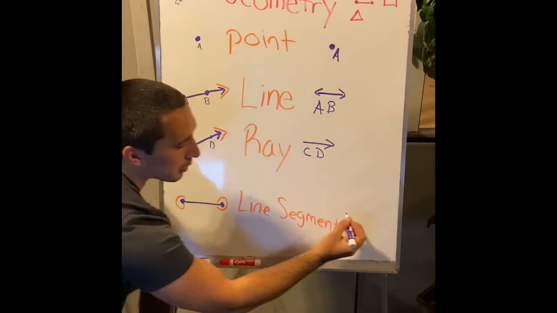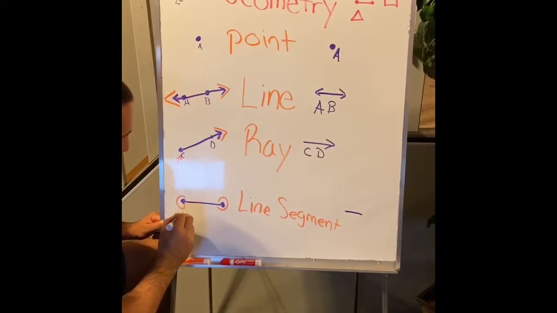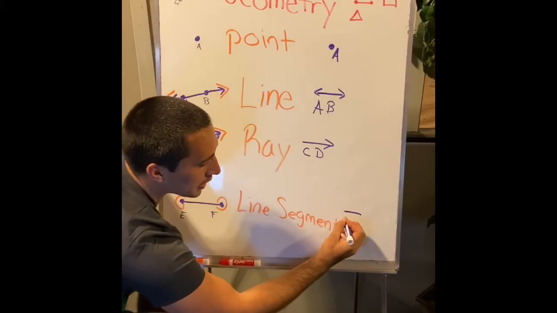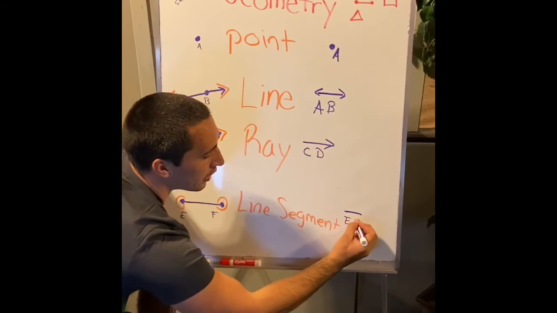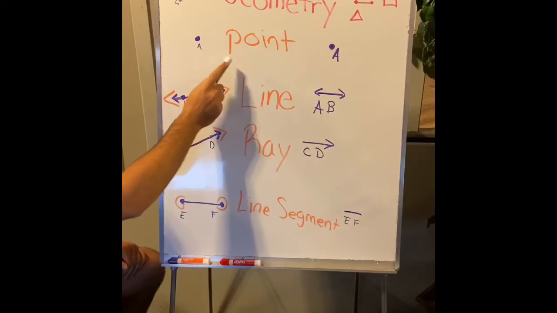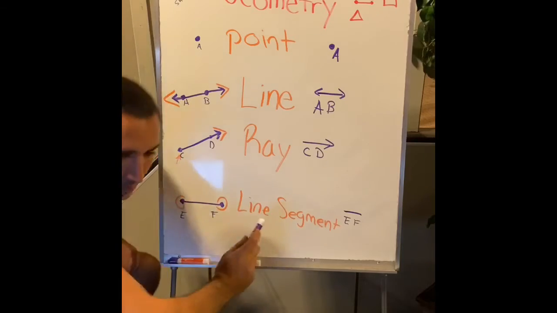And the line segment would just be a little line, no arrows. This is E, F. So this would be line segment E, F. All right. Point, line, ray, line segment.